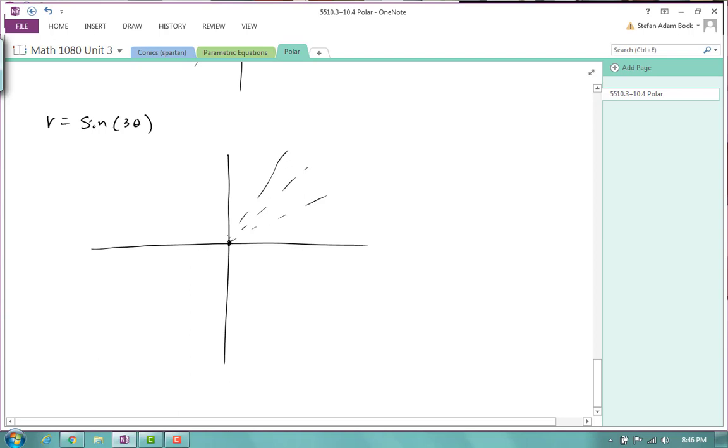Sine of 3 times pi over 6 would be the same as sine of pi over 2, which is 1. I'll put 1 right here. Now if I plug in pi over 4, I get sine of 3 times pi over 4, which is sine of 3 pi over 4, which is up here, so that's root 2 over 2, which is down here a little bit. Further down than that.